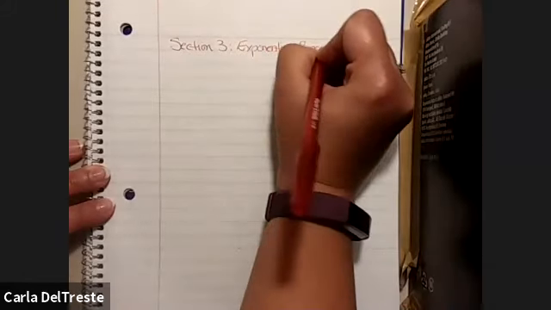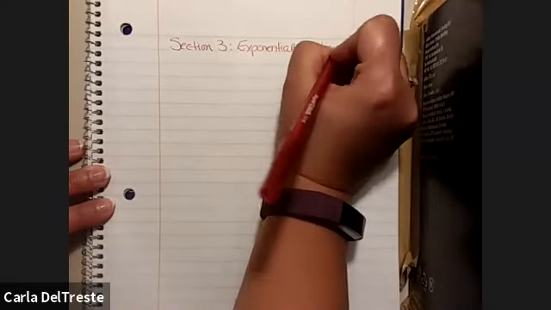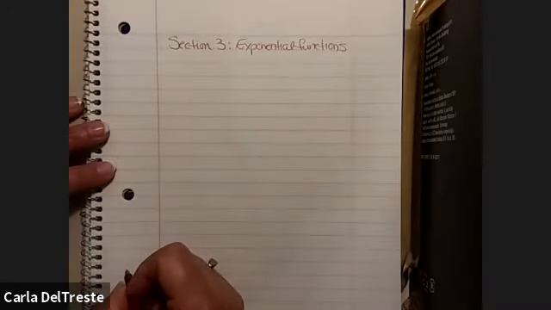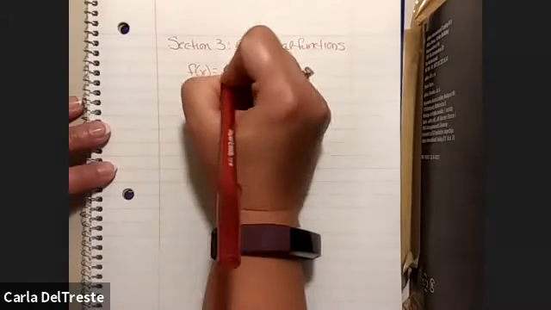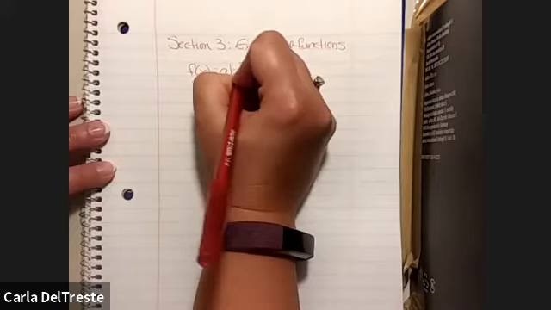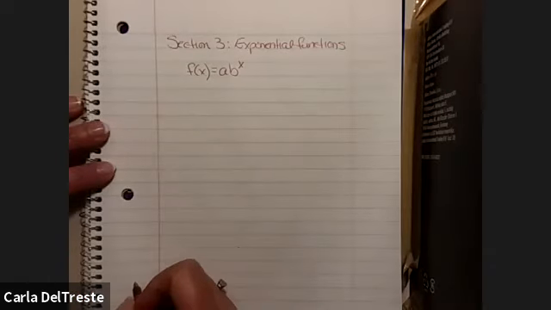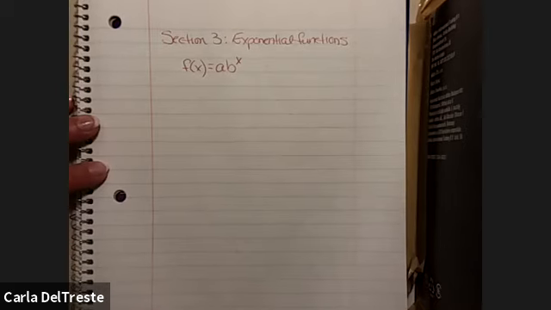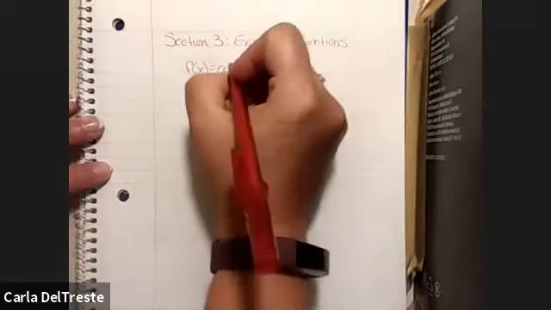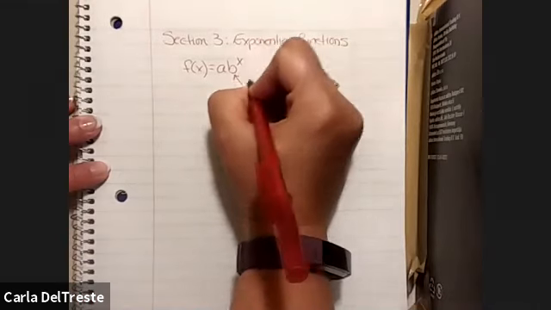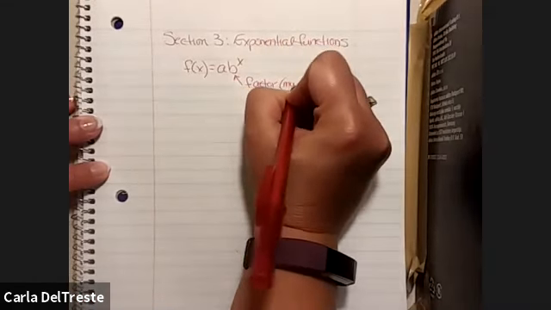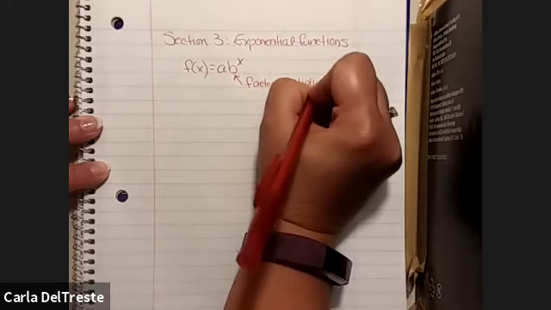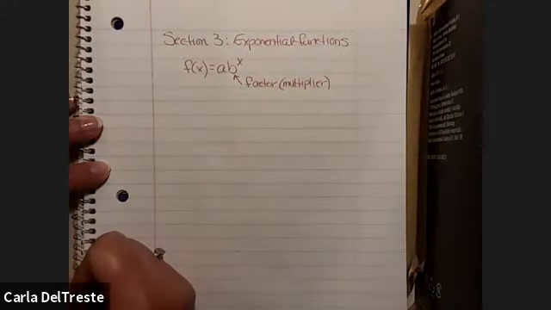And I want to start off by reviewing what we did at the end of the last video. At the end of the last video, we saw that an exponential function has a form that will always look like f of x equals ab to the x. And we had said that the value of b is always that factor or multiplier that we explored in the previous video.